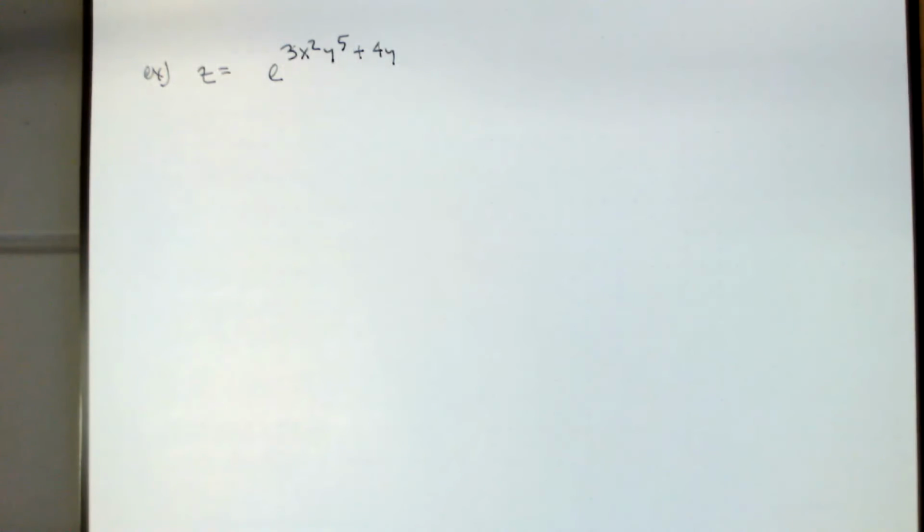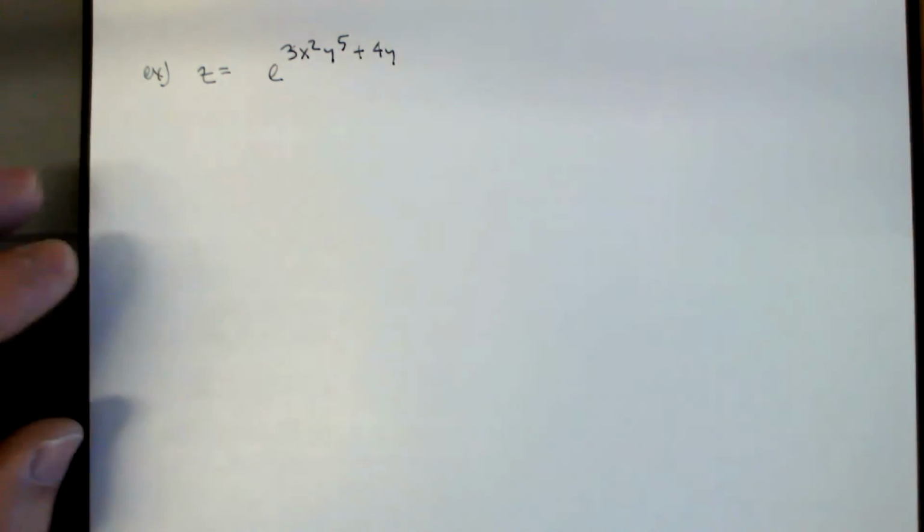Here's an important function that you'll come across all the time in your career. But what's going on here is going to be the chain rule. The derivative of e to the something is e to the something times the derivative of that something. And when we say the derivative of that something, there's going to be with respect to x and with respect to y.